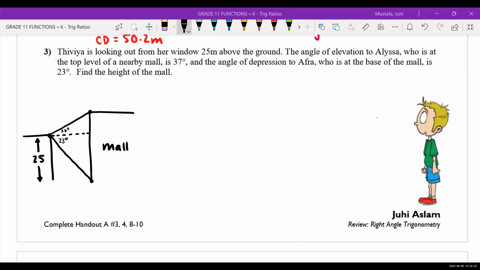She's looking down 23 degrees at Afra, and we're trying to figure out how high that mall actually is.